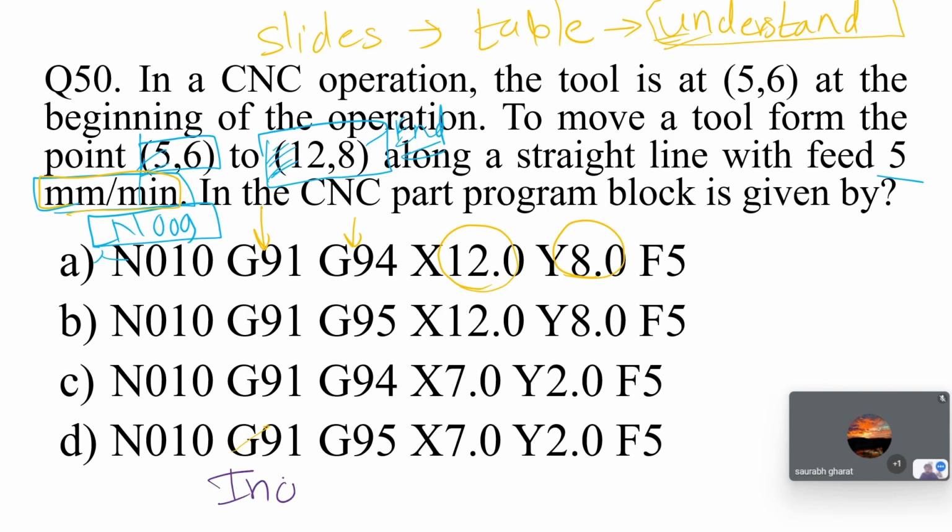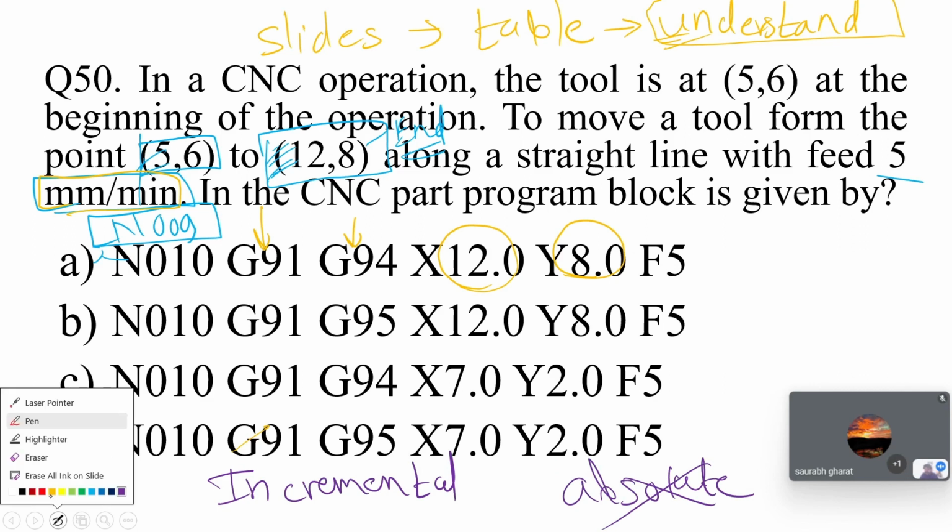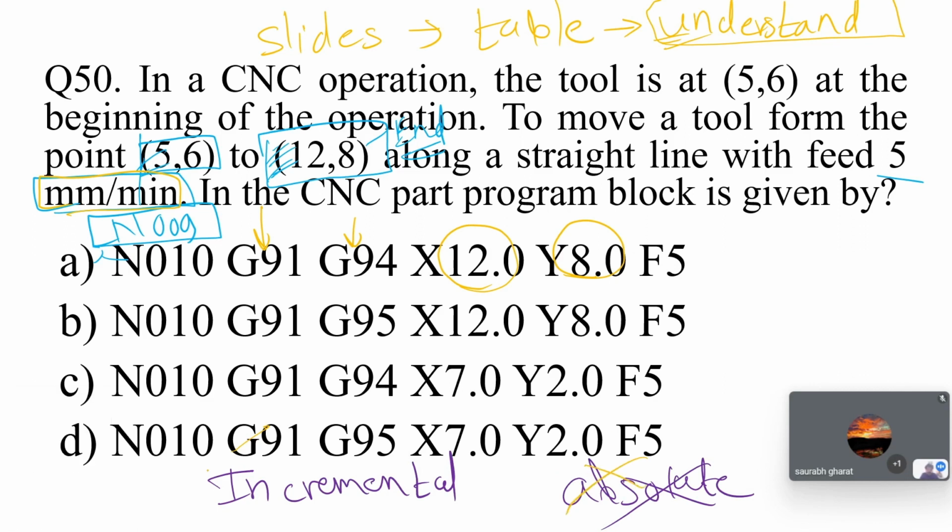This is actually your incremental programming. So you can't use the absolute part here. If you use absolute, it is wrong, because you can't go absolute. The incremental part is correct because you're using G91 now.